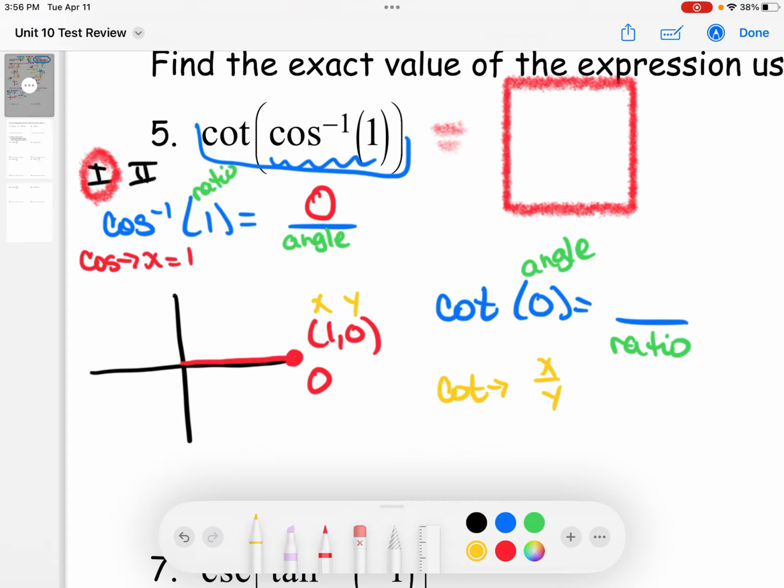Well, here's our x, here's our y, so that is 1 over 0. 1 over 0 doesn't exist. I'll put this here. That is undefined. So this final answer here is undefined. We haven't seen a whole lot of those lately, but they can happen.